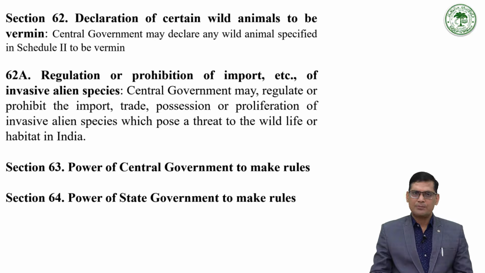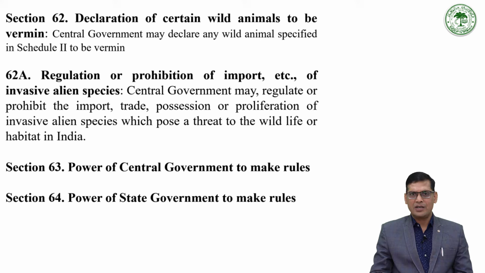Section 62 of this chapter empowers the central government to declare wild animals mentioned in Schedule 2 as vermin for a specified period and area. So we can say that the animals mentioned in Schedule 1 cannot be declared as vermin.